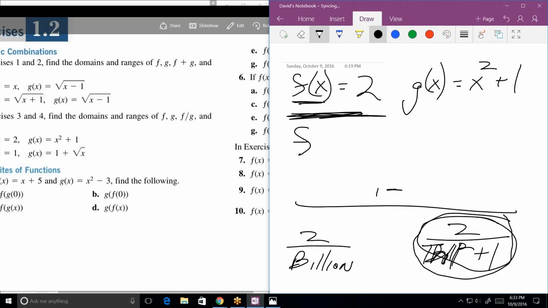What's f times g equal to? 2x squared plus 2. What's the domain? What's the range? I believe the domain would be negative infinity to infinity. Correct. What's the range? Would it be 1 to infinity?